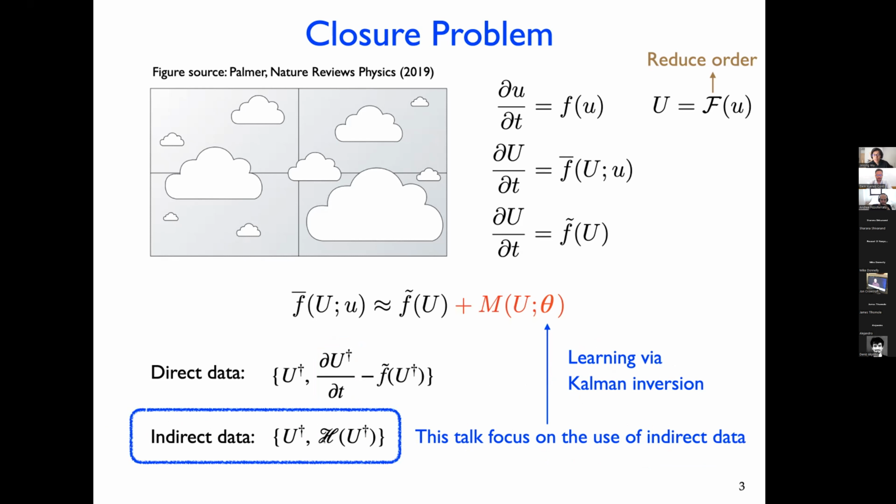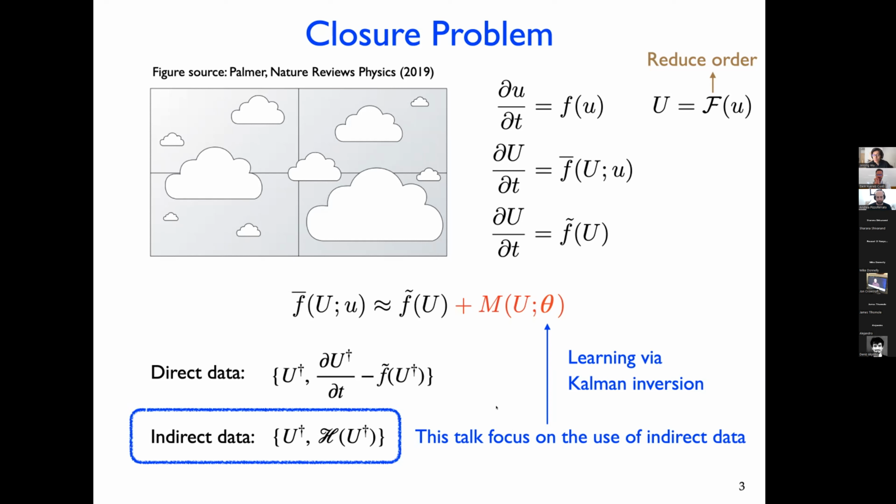This observation operator can be, for example, the sparse observation of U dagger, or alternatively, we can use time average statistics of U dagger. But for indirect data, we just have some kind of indirect information about the true model error term M.